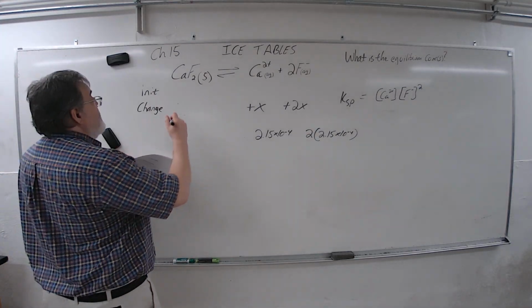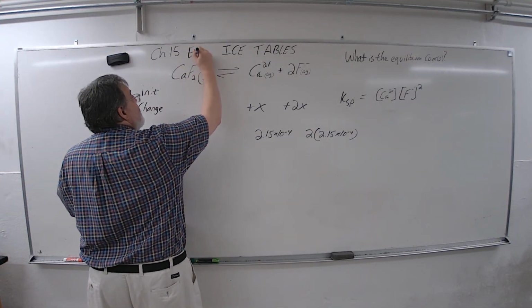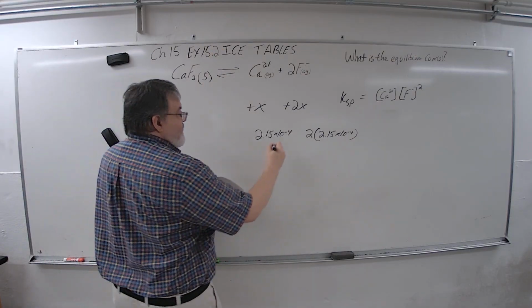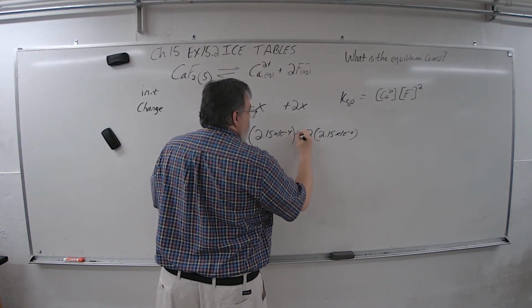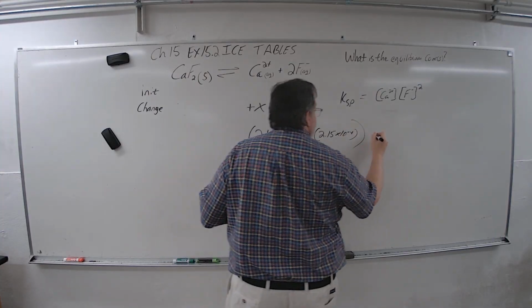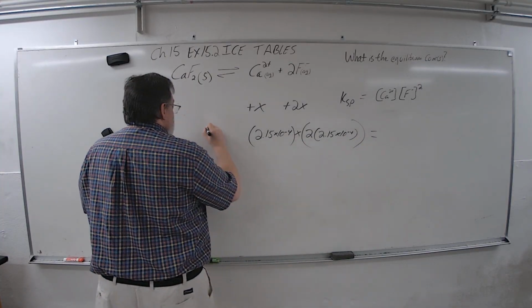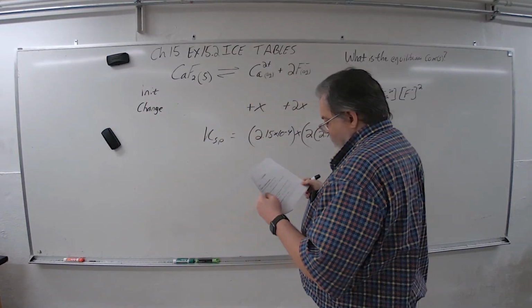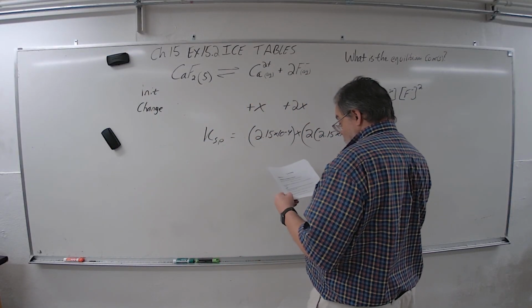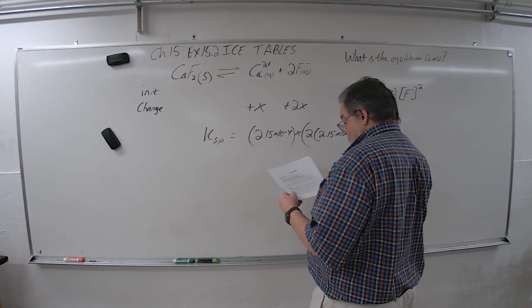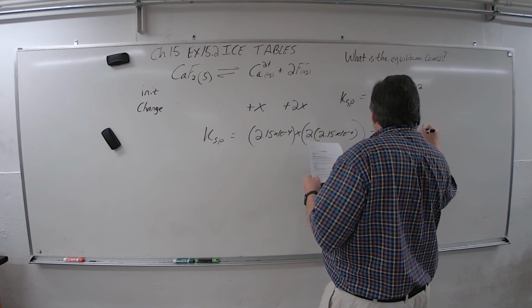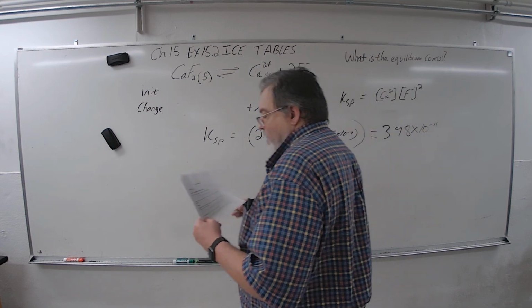This is example 15.2. So this times this. So the Ksp here is you would come up with a negative exponent.